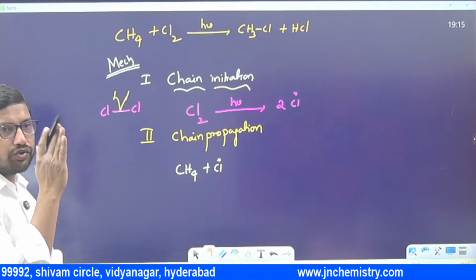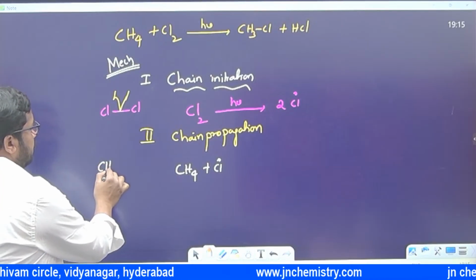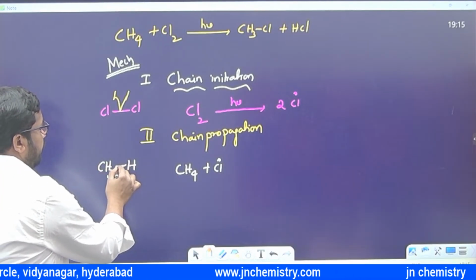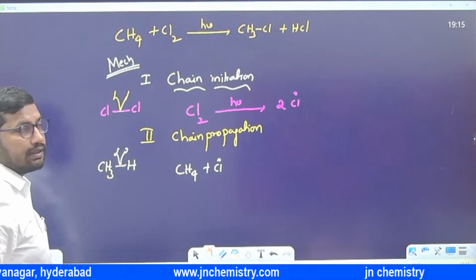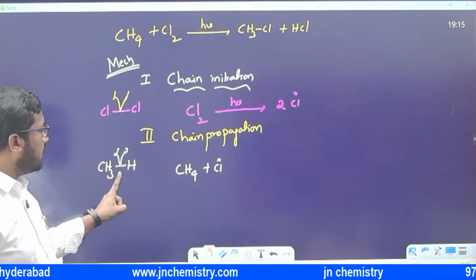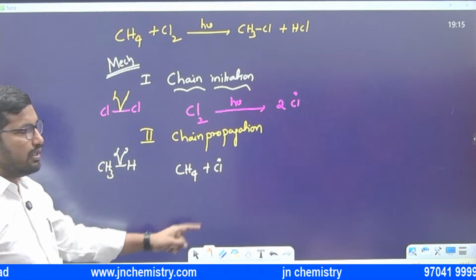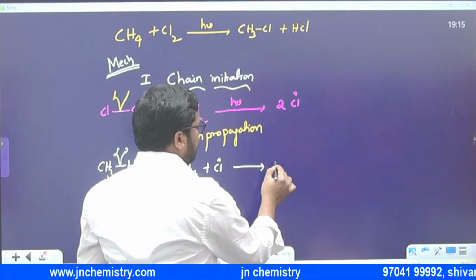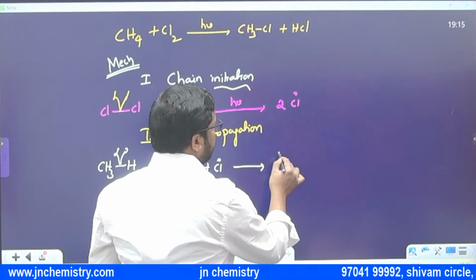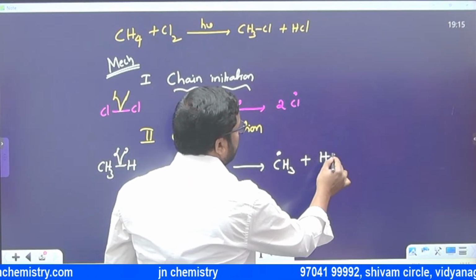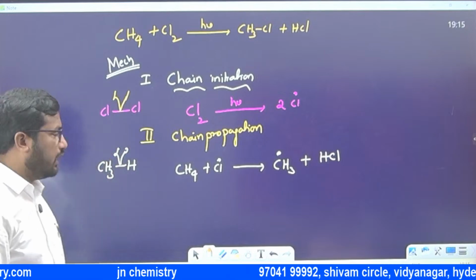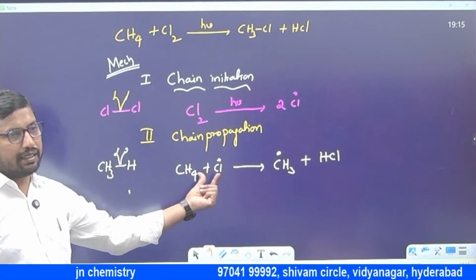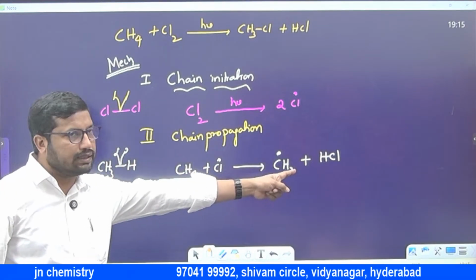CH4 undergoes homolytic cleavage like this: CH3 radical and H radical. That H radical combines with Cl radical, and CH3 radical is forming plus HCl.